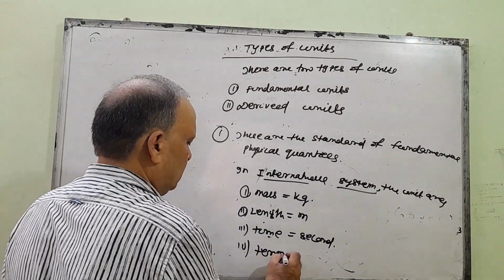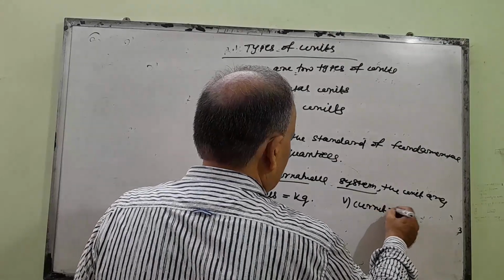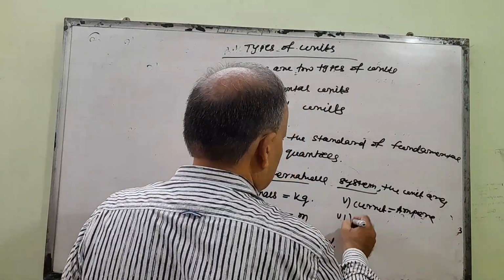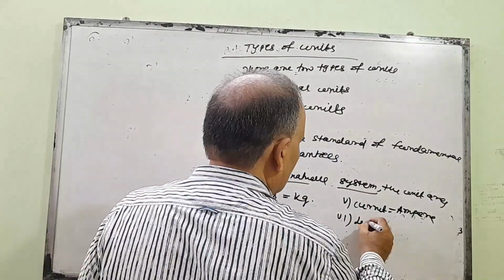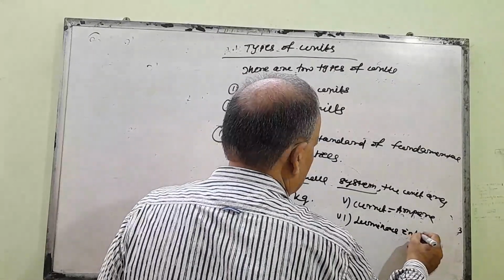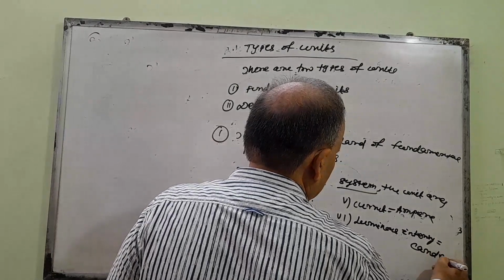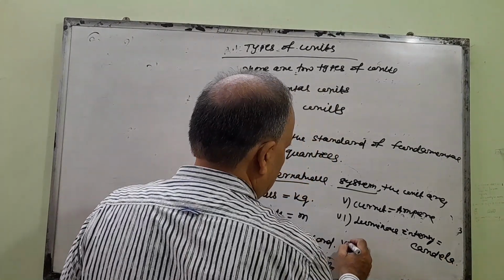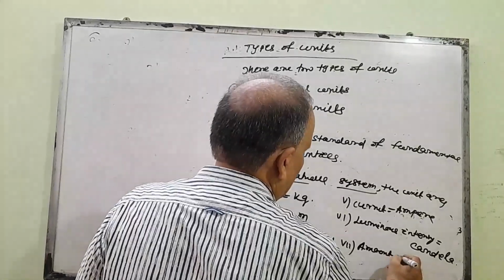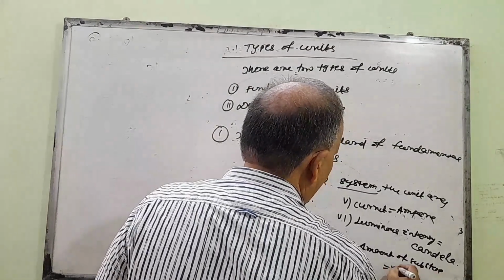Temperature is Kelvin. Current is ampere. Luminous intensity is your candela. And amount of a substance is your mole.